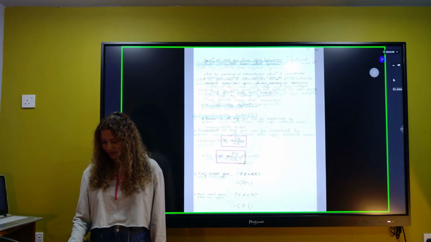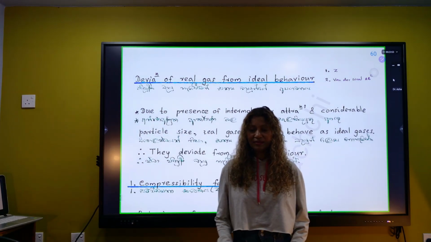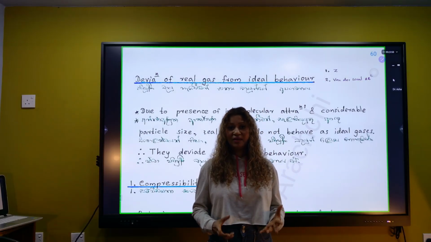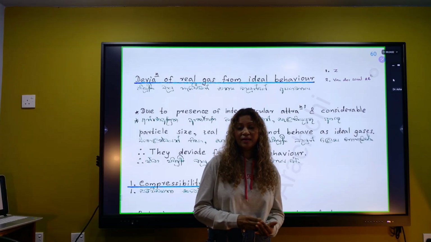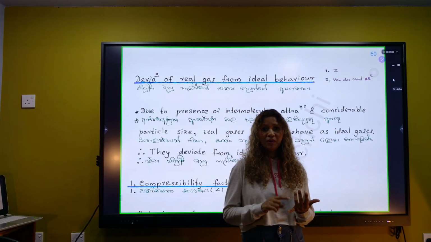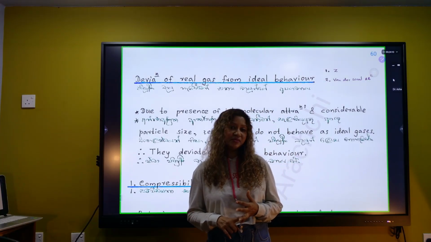So far we talked about everything regarding ideal gases, but in real life we don't have ideal gases; we have real gases. How would you apply these ideal gas equations to real gases? Ideal gases have no intermolecular interactions, but real gases have high intermolecular interactions.